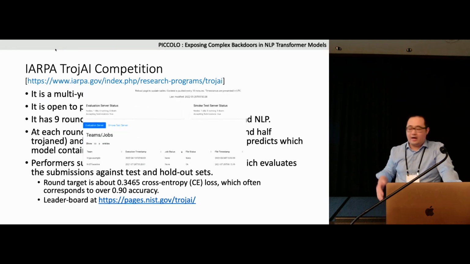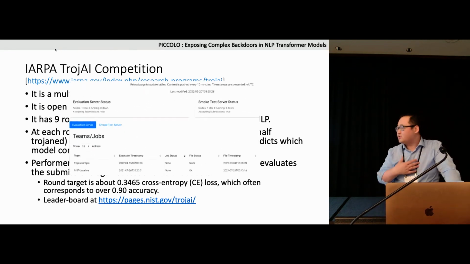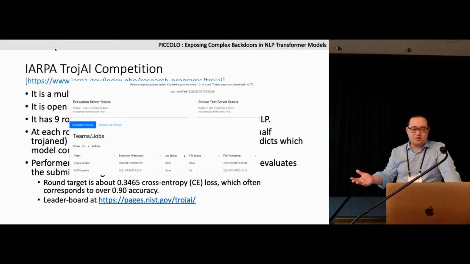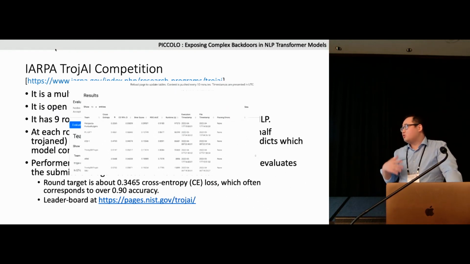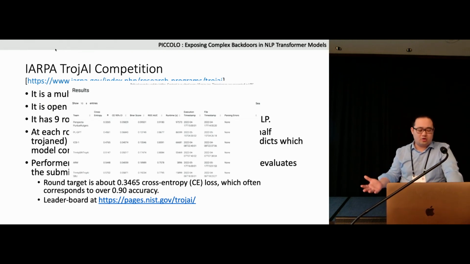Here I show a screenshot of the TrojAI leaderboard. As you can see, they have an evaluation server, and you can submit your container to the evaluation server to get your method tested. Here I show a screenshot of the current round's TrojAI leaderboard.